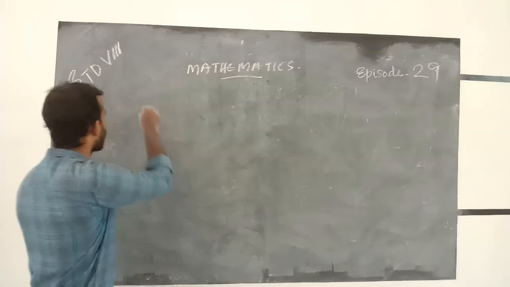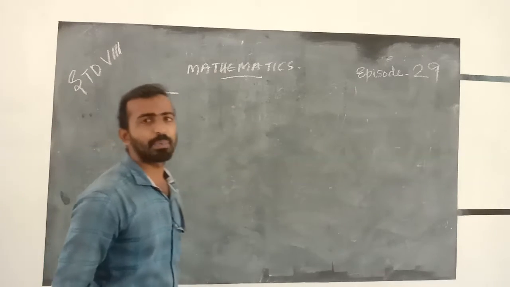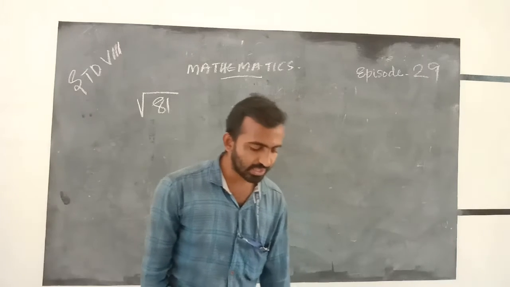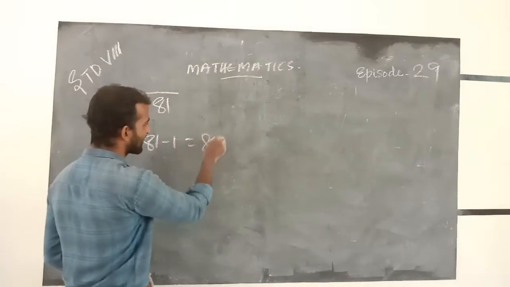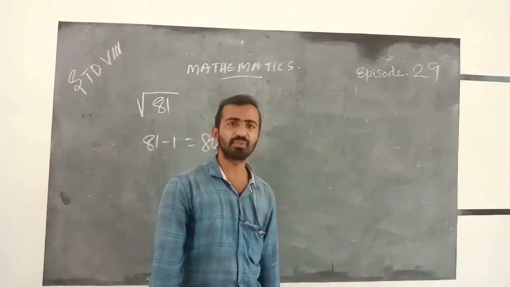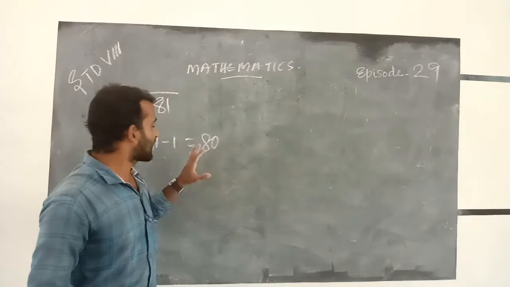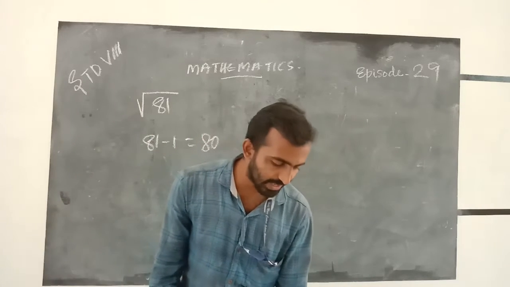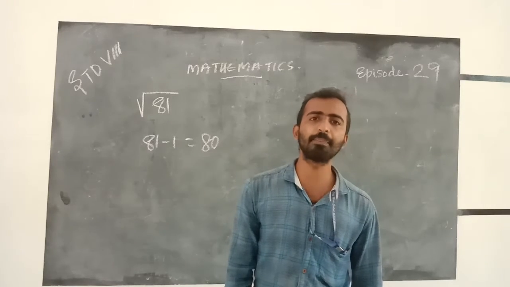For example, we want to find the square root of 81 through repeated subtraction. First we take 81 minus 1, we get 80. And next we subtract the successive odd natural numbers starting from 1.